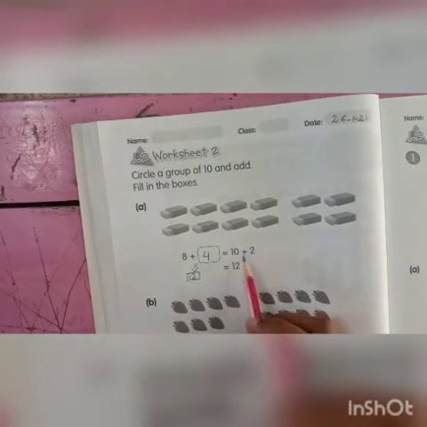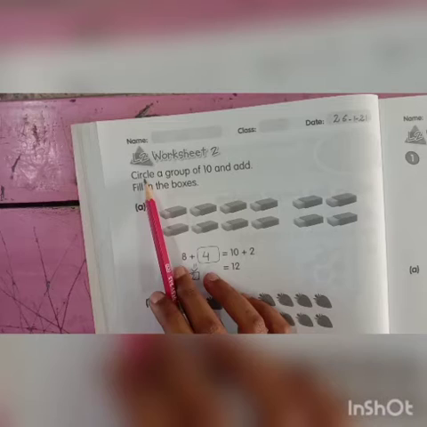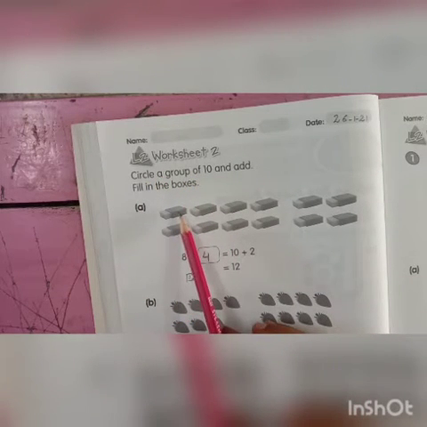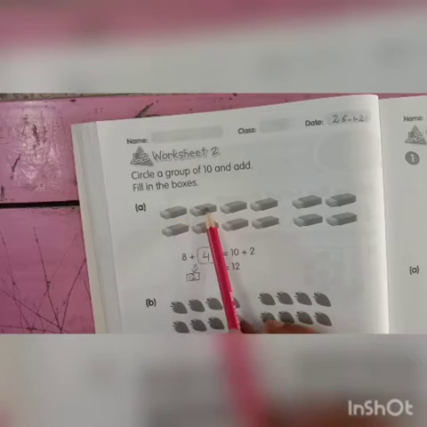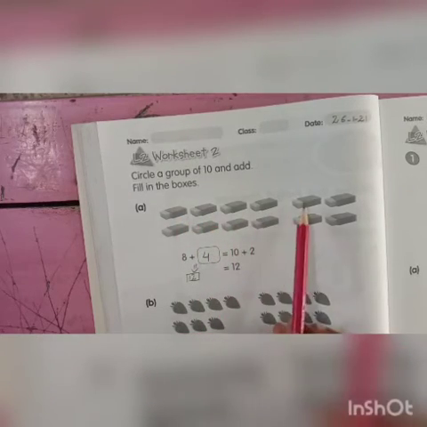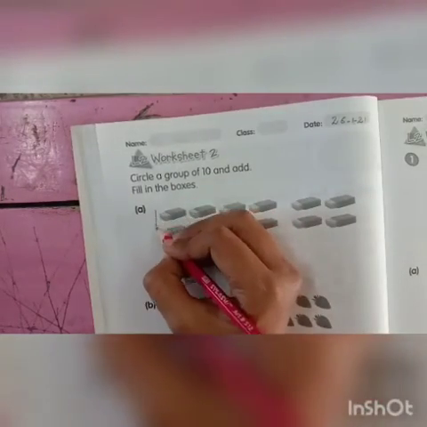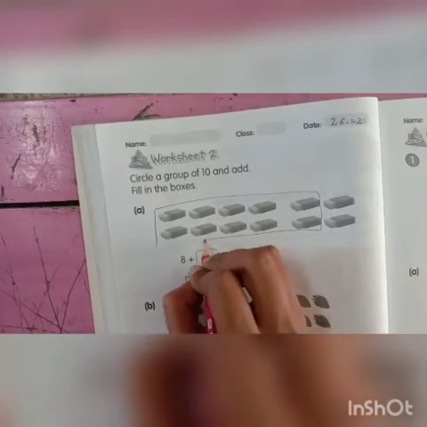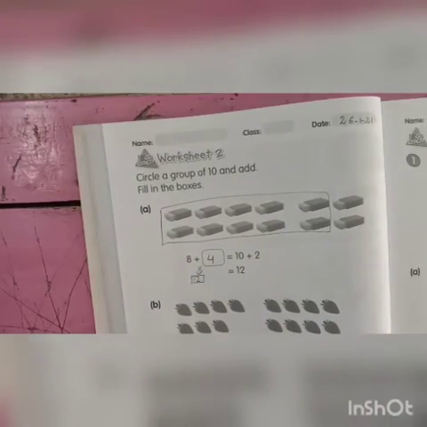As they said, circle a group of 10. When we circle the group of 10, for example, 1, 2, 3, 4, 5, 6, 7, 8, 9, 10. This is a rectangle, not a circle, I know that.